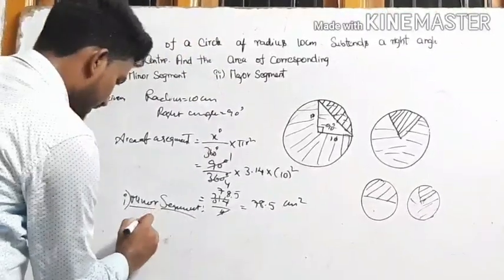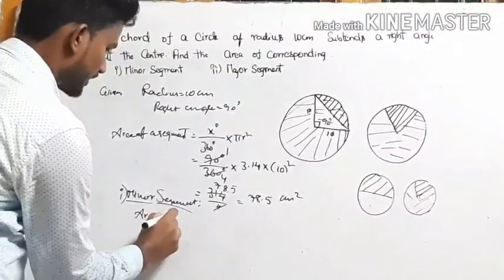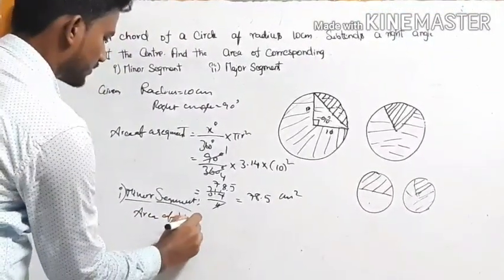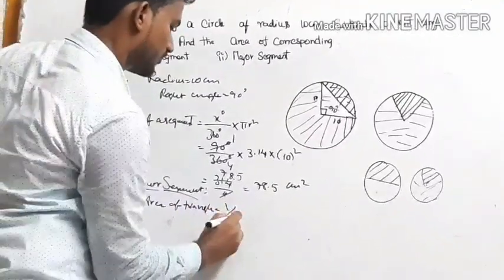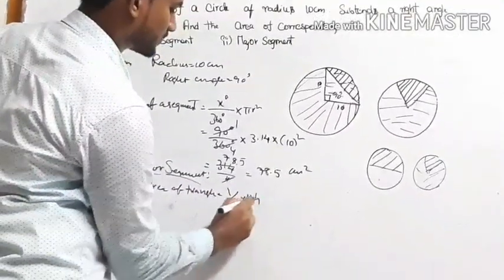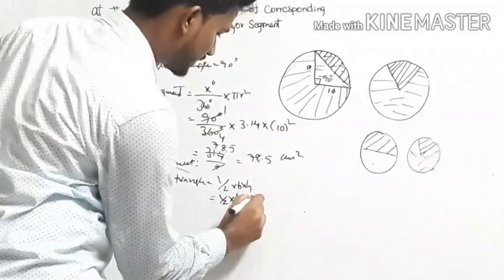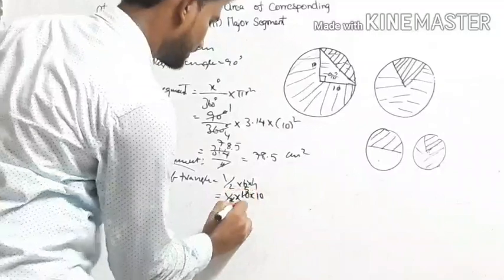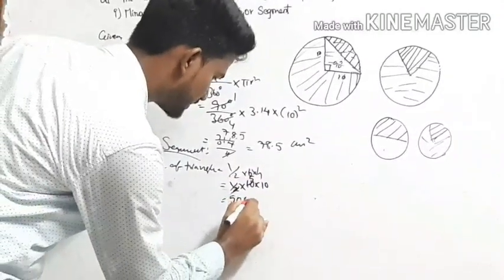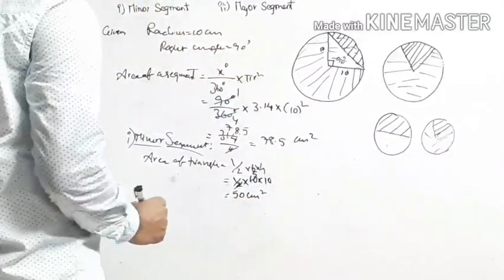First we will find the area of the triangle. We have a formula: half base into height. One by two into base 10 and height also 10, that is 50 centimeters square, the area of the triangle.